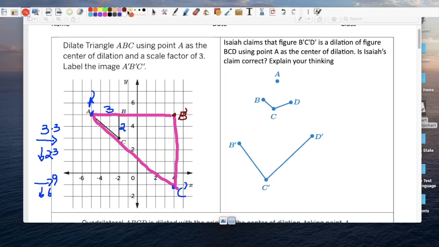And in the dilated triangle, this distance is now 9. This distance, that's now 2. It's 1, 2, 3, 4, 5, 6, right? So let's go back to similar shapes, right? Corresponding sides. The ratio of 2 sides and its corresponding sides are proportional.